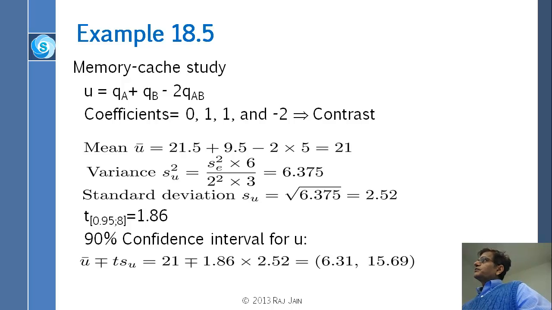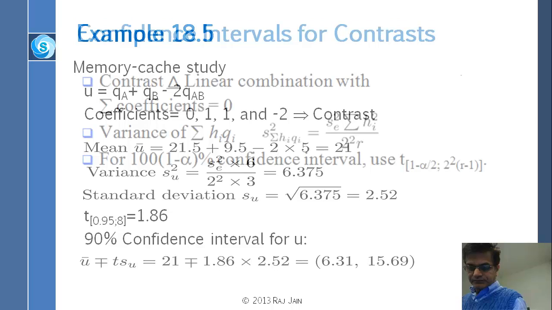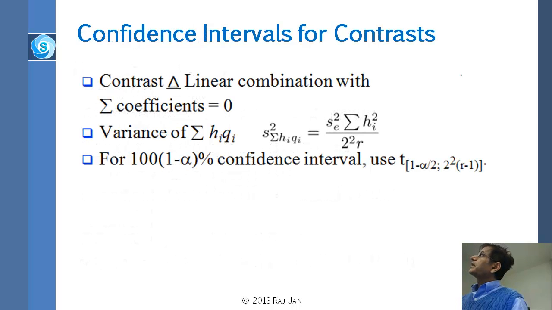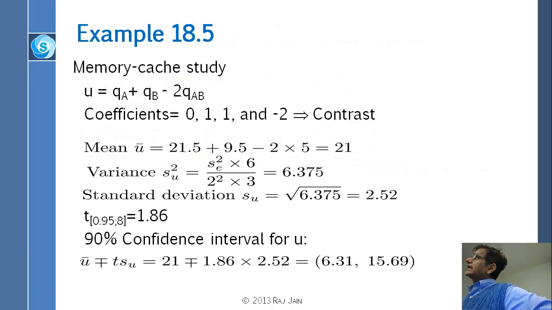Variance will be computed by that formula that we just had a minute ago, which was SE square times sum of hi squares, divided by 2 raised to 2r. So in this case, SE square times sum of hi squares: 1 square plus 1 square plus 2 square is 6.